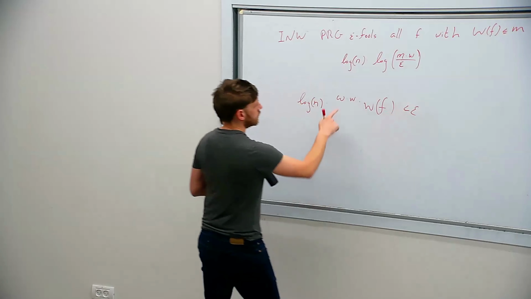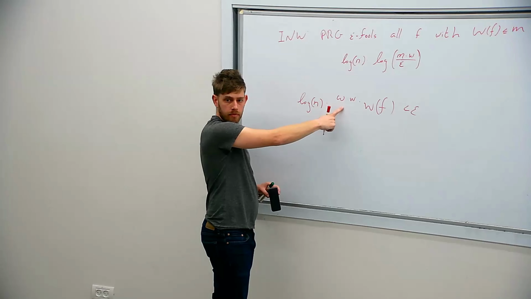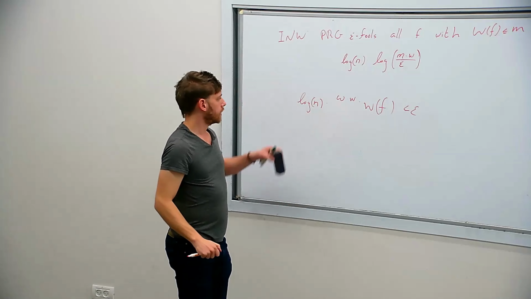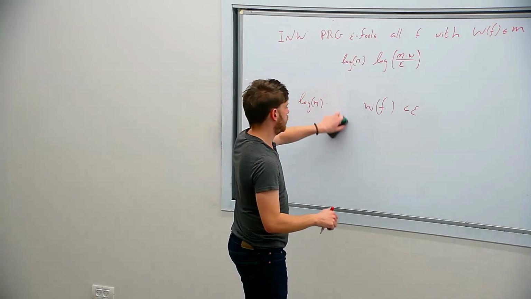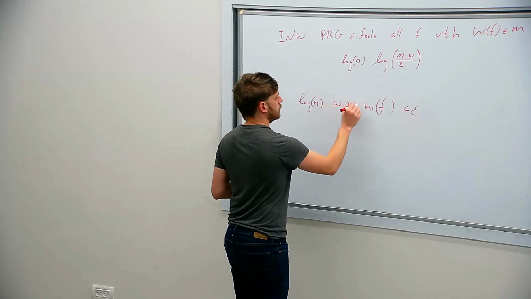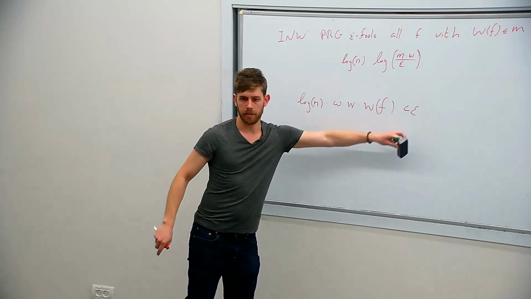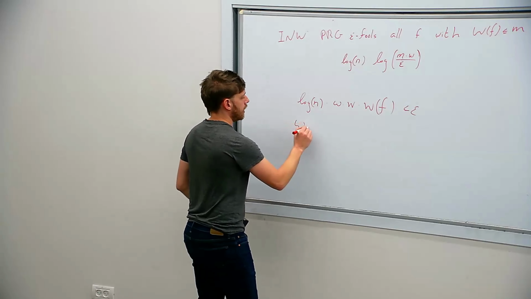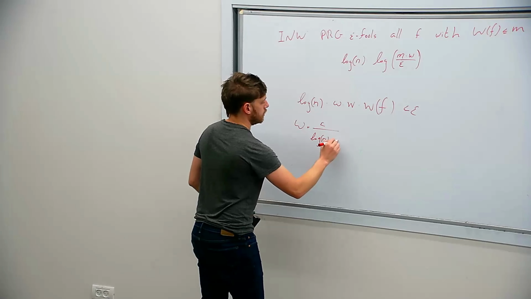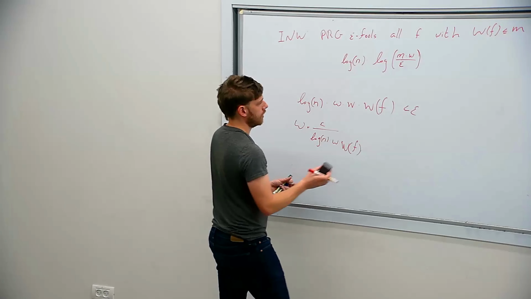Right? So now we can choose omega. We need to choose omega equals epsilon over log n times W times the weight of F.